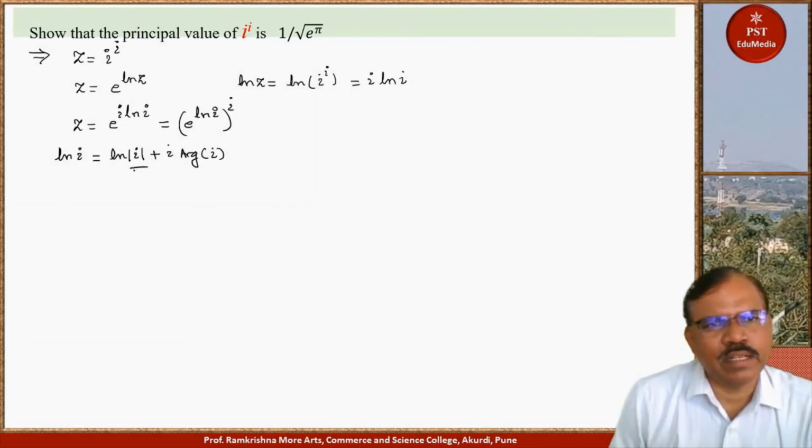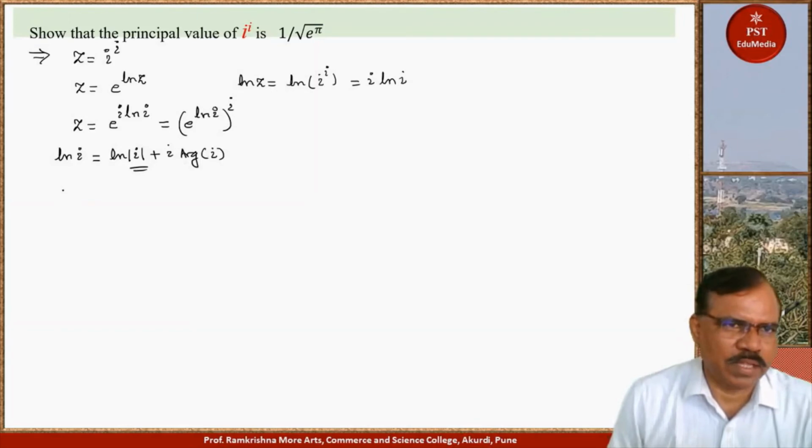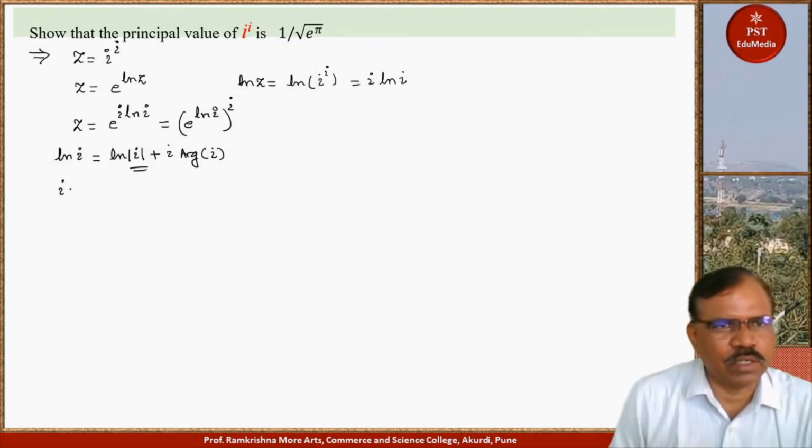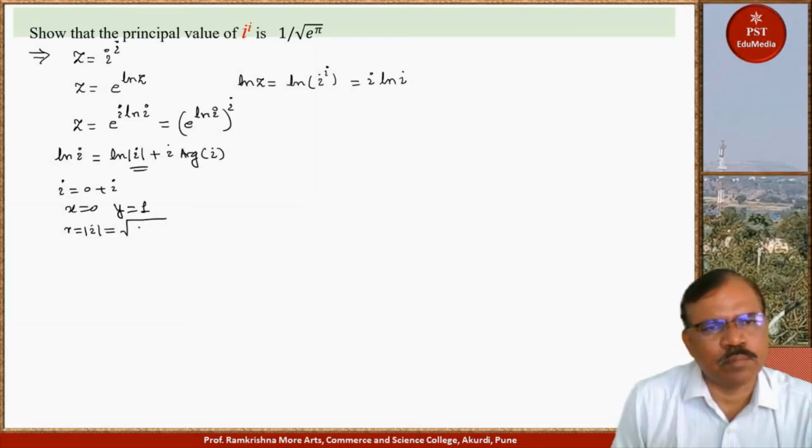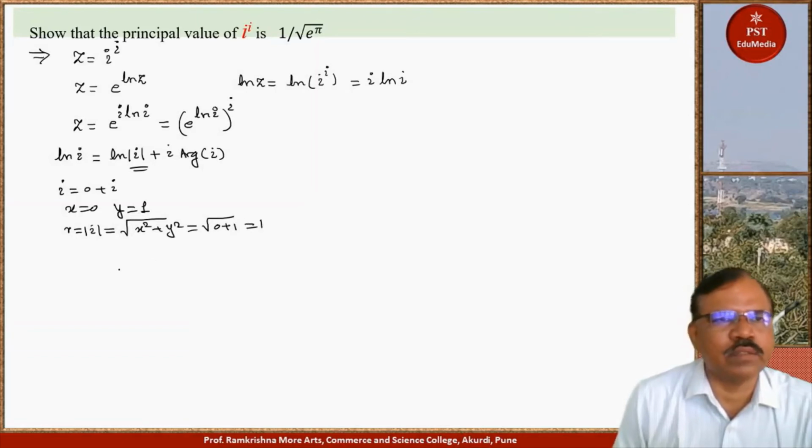To find ln modulus of i, I can write i equal to 0 plus i. So x is 0, y is 1. So I can write r, that is the modulus of i, the modulus of the complex number, that is root of x square plus y square, that is 0 plus 1, that is 1.